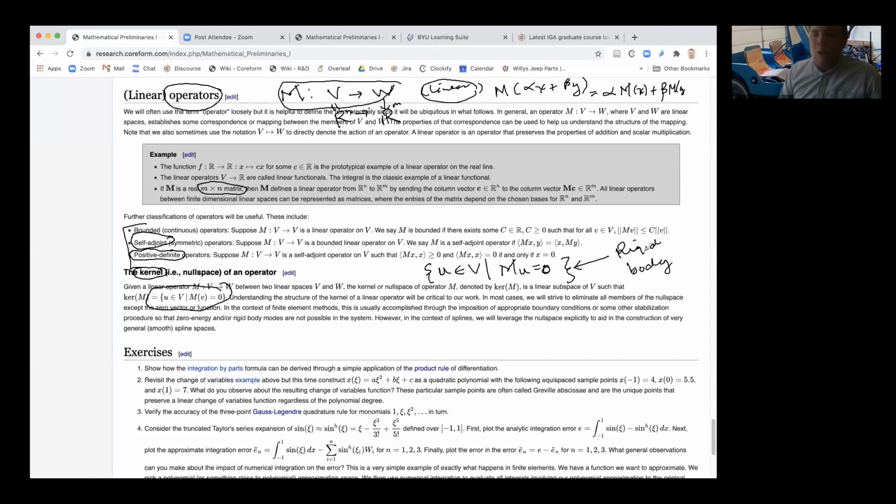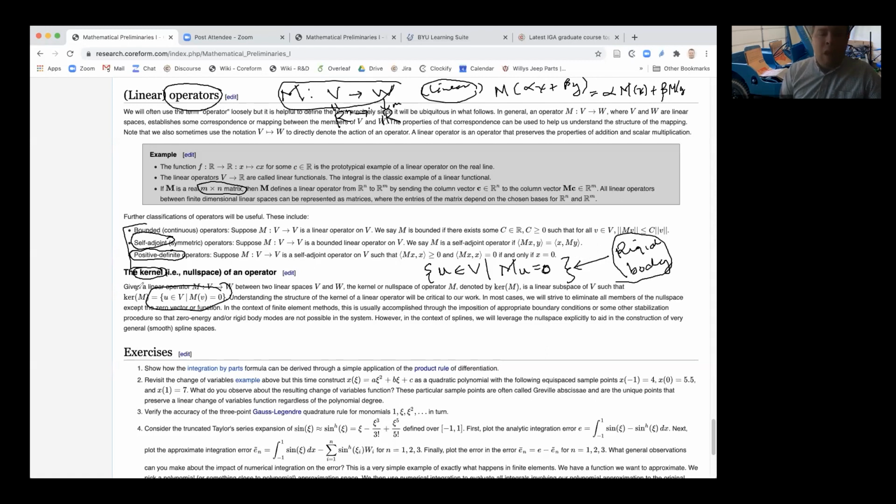The rigid body modes, this is all linear functions, right? If you have the stiffness matrix, it will map all rigid body functions to 0. And so that means the kernel of the stiffness operator contains an infinite number of these objects, which means you can't invert the system, which is why you have to remove the kernel.